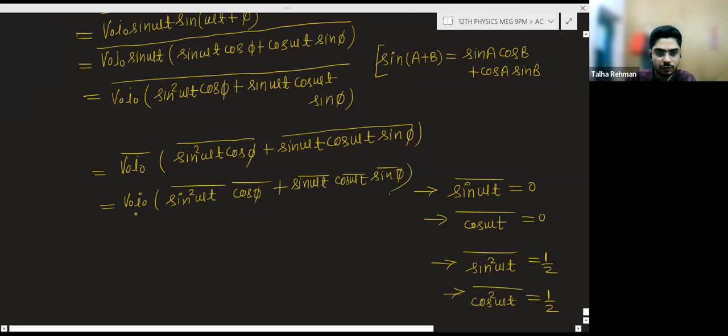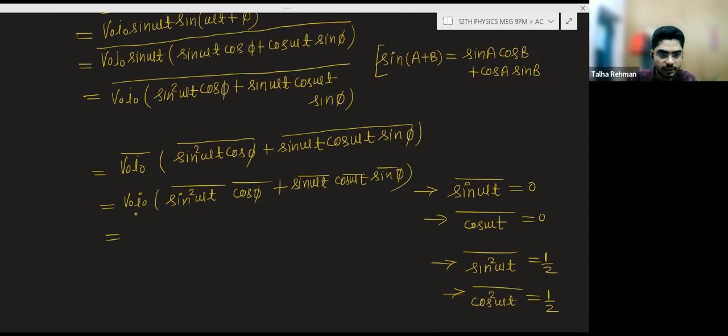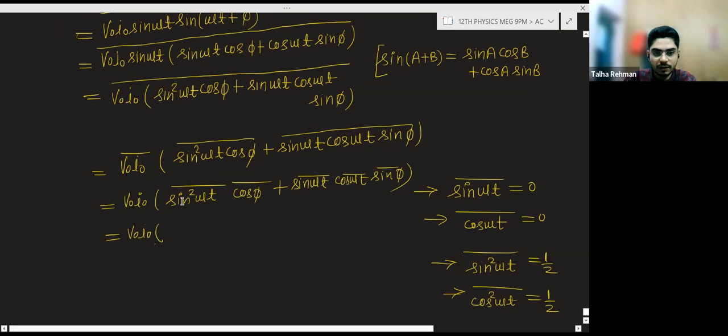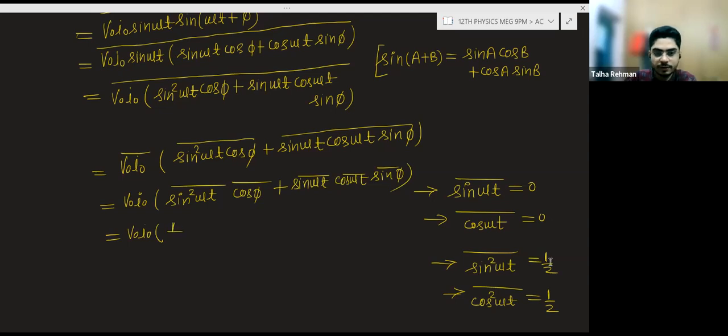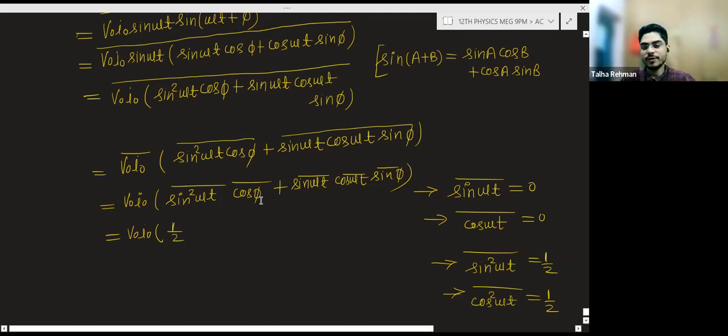So this is V naught, this is I naught, and the average of sin square omega t is half, and cos phi is constant.